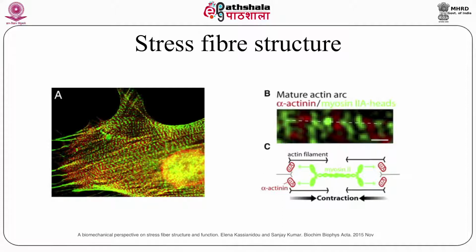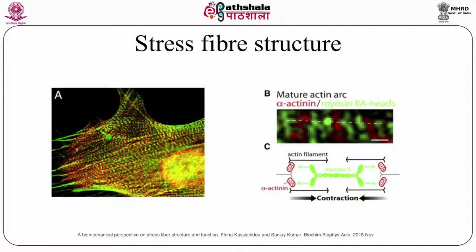By illumination microscopy, it can be seen that the nanoscale organization of myosin 2A minifilaments and actin fibers forms stress fibers. You can also appreciate C, which is a schematic diagram showing the interaction of myosin 2A minifilaments with actin fibrils leading to contraction of stress fibers.